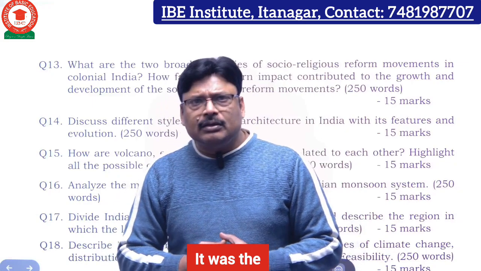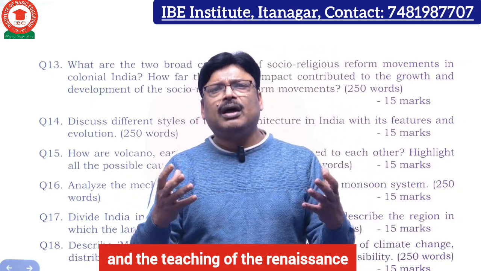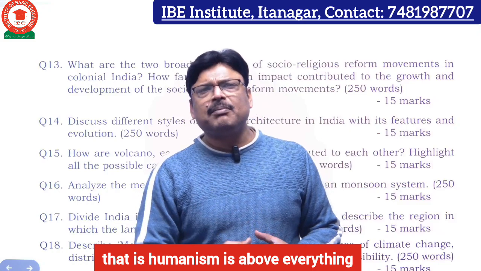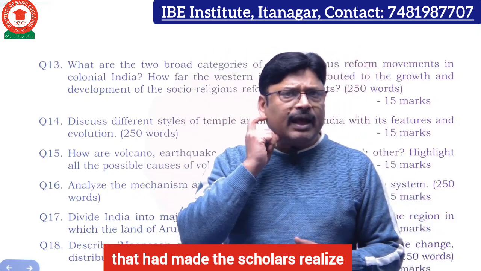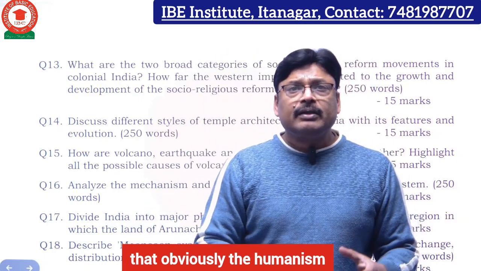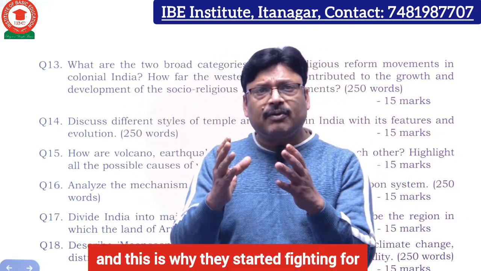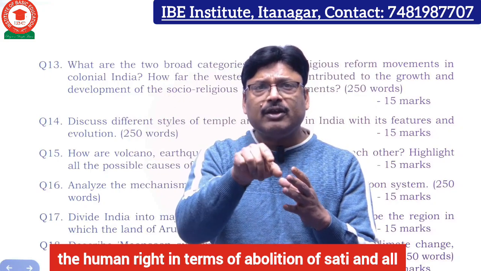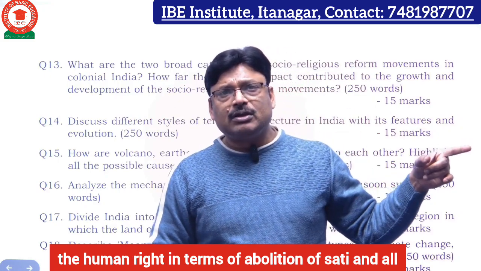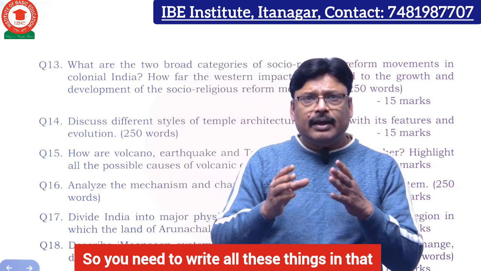It was the Renaissance movement and its teaching that humanism is above everything that made the scholars realize that the human is more important than religion, and this is why they started fighting for human rights in terms of abolition of sati and all. So you need to write all these things in that.